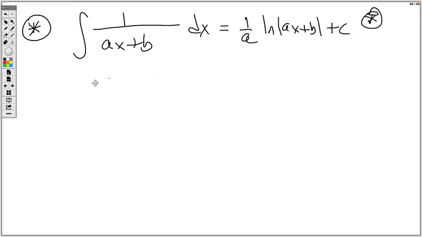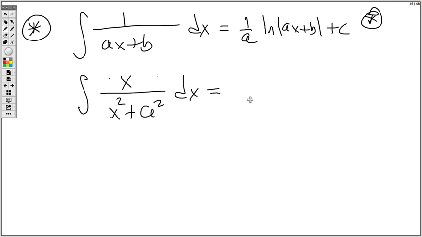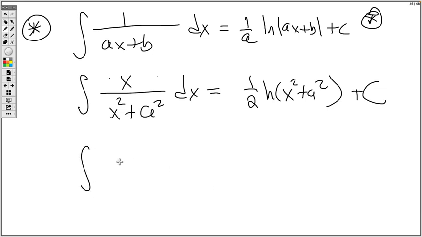Okay? Other ones that are going to come up often is if you have something like this. This will come up quite a bit. So that'll come up quite a bit. And last but not least, this will come up quite a bit. What's this one? You remember this one?